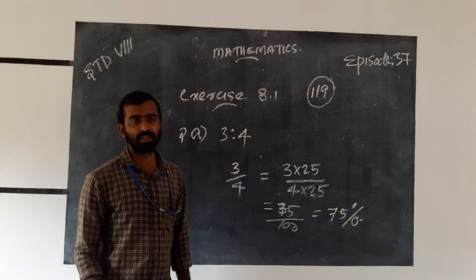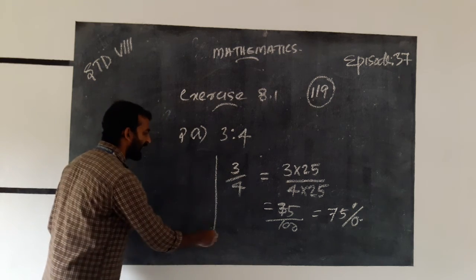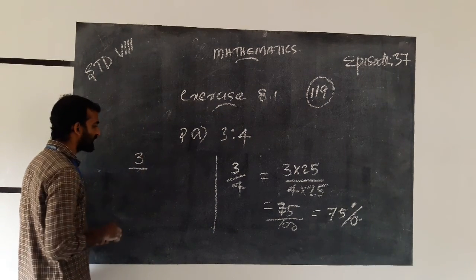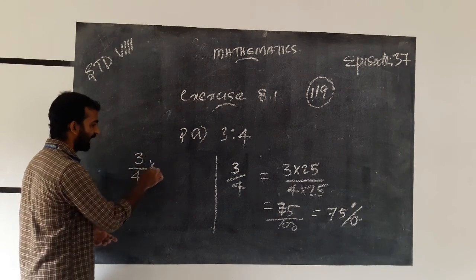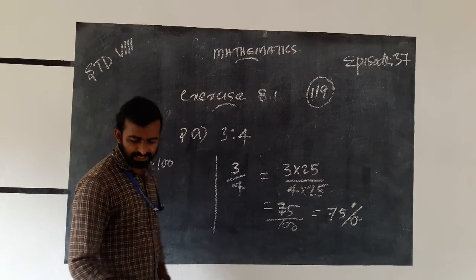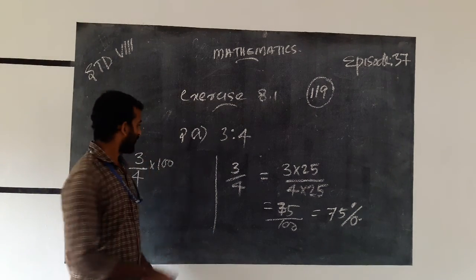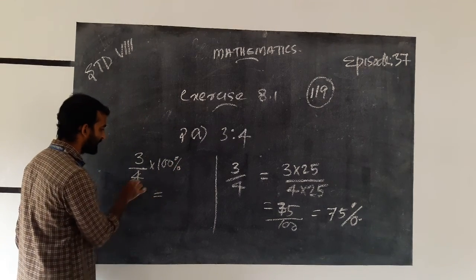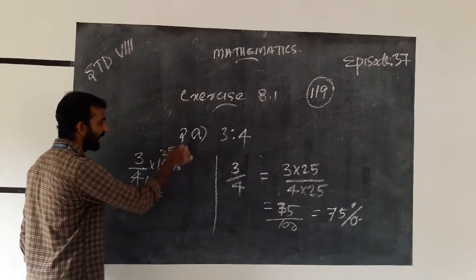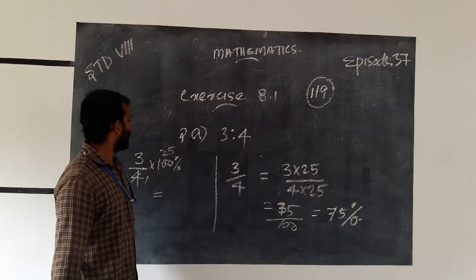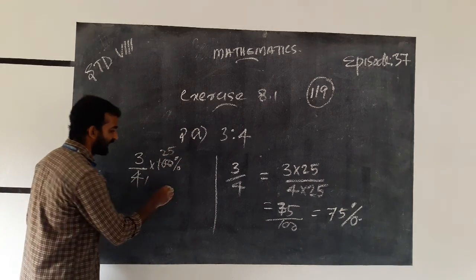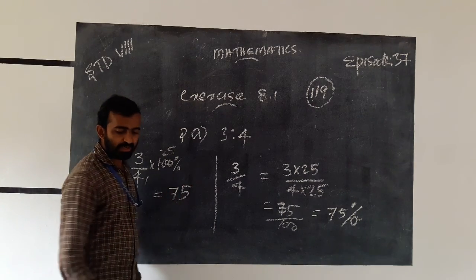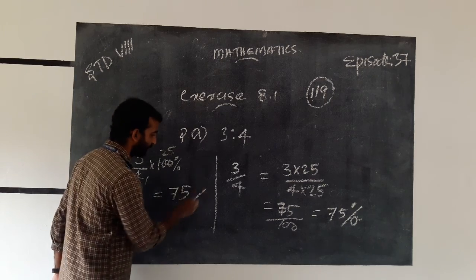75%. Another way we can find it: 3 is to 4, which we can write as 3 by 4, into 100. When we simplify this, we get 25, and 3 into 25 gives 75, so we get 75% also.